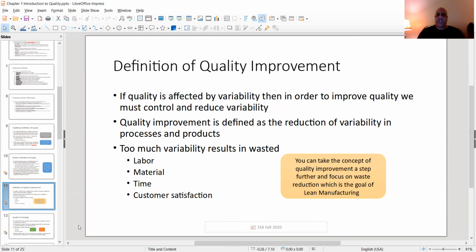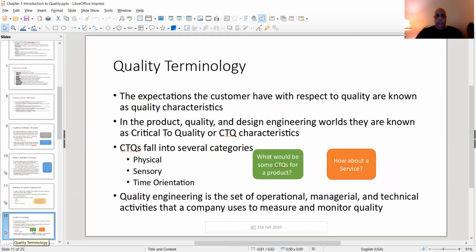Quality improvement is defined as the reduction of variability in processes and products. Too much variability results in wasted labor, material, time, and customer satisfaction. So you can take the concept of quality improvement a step further and focus on waste reduction, which is the goal of lean manufacturing. And I'm going to get into that as well.